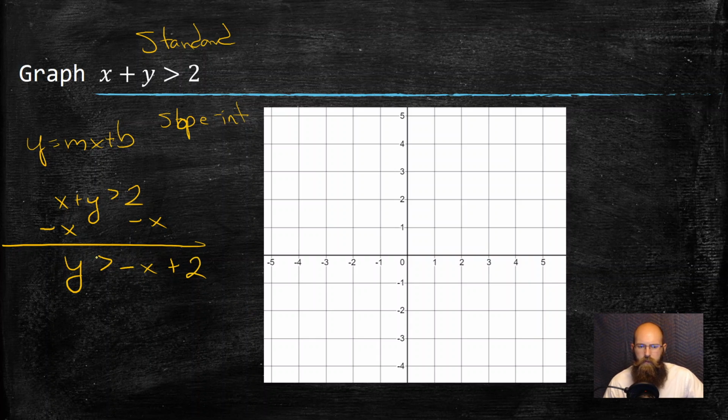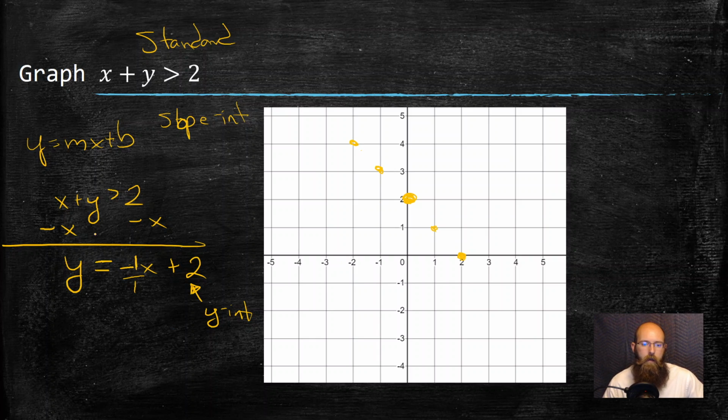All right, so I'm going to graph this just like if that were an equal to. So for a second, I'm going to write an equal sign there, just like a normal line. This plus 2 is my y-intercept, so I know I cross my y-axis there. Then I use my slope, a negative, which is like -1 over 1. So I go down 1 over 1, down 1 over 1, or if I'm going the opposite direction, it looks like this.